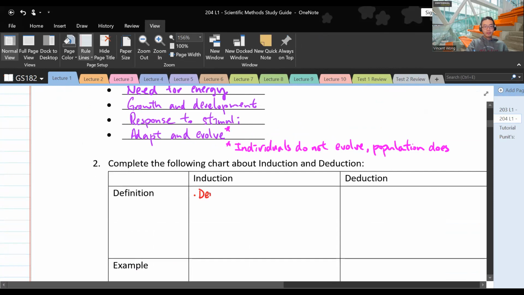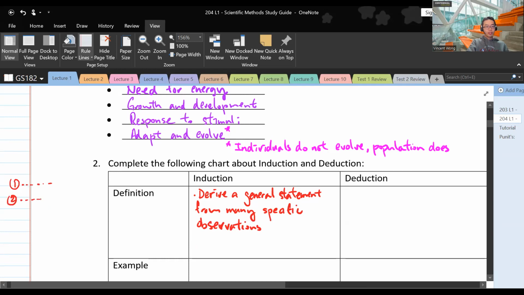Derive a general statement from many specific observations. So you make one observation, you make another observation, and then another one, and then another one. And then you take all these things and you make a general statement.